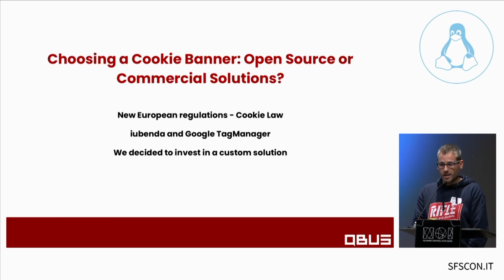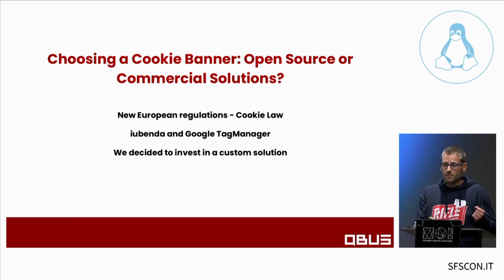So, as you may know, the European regulations or the cookie law made it mandatory for all websites to implement a cookie banner and block scripts until the user's consent. When we decided to implement this, we evaluated different third-party solutions like Ubanda or Google Tag Manager.